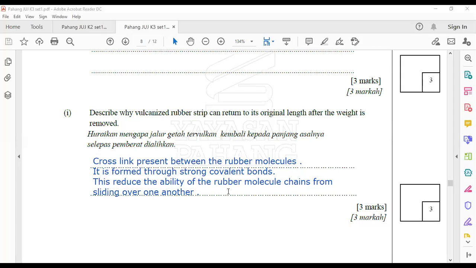Okay, this is your answer. You have to add in the cross-link present between the rubber molecule chains. This part here, add in.